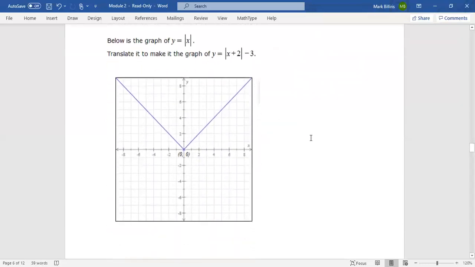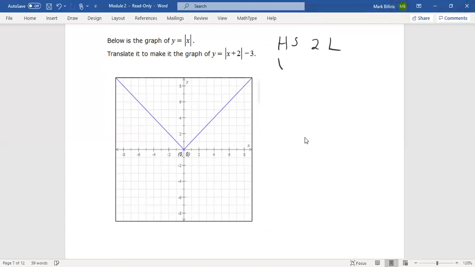So let's deal with absolute value. So here we have the parent function, the absolute value of x, and its graph for us. And now we need to make the translation. So again, pay attention to what's inside the absolute value symbol. So since it's a +2, we know the horizontal shift is 2 units to the left. Because it's plus, it's to the left.